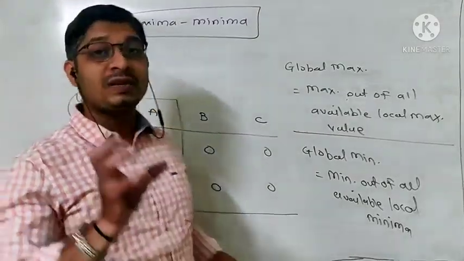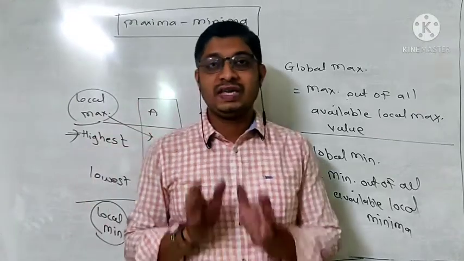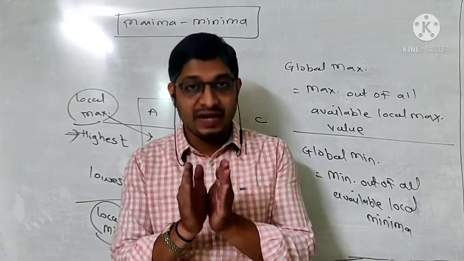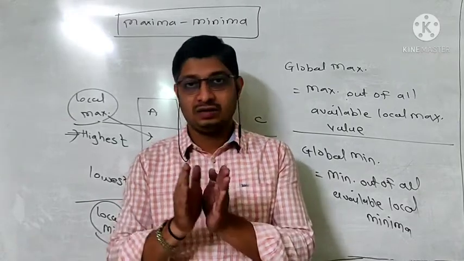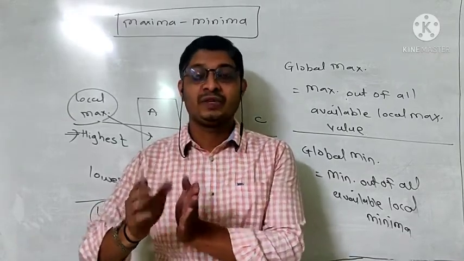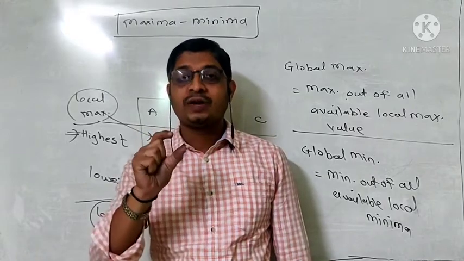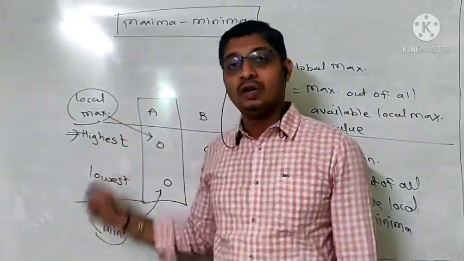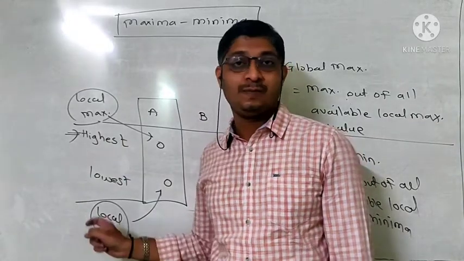To summarize this concept, always remember, if we are going to study a function in a particular limited period or limited domain, then in that domain, whatever the highest and the lowest values are will be known as the local maxima and local minima.